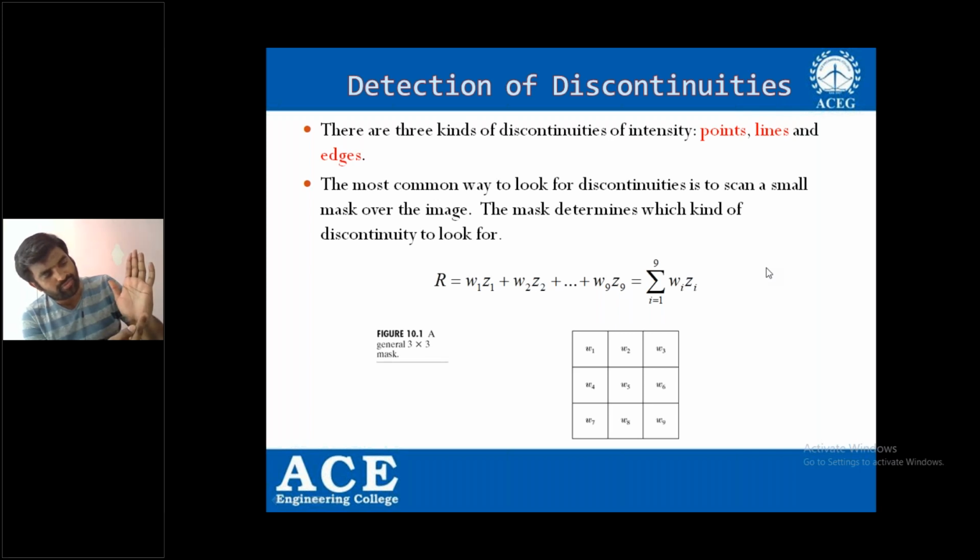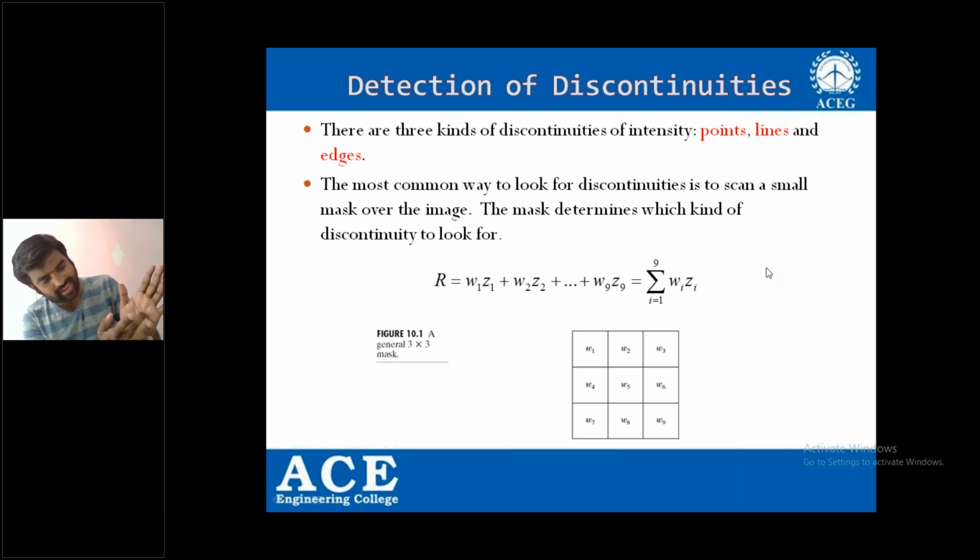This whole region belongs to a single object, right? You may not have the R value as the same, but all these pixels belong to a particular region.